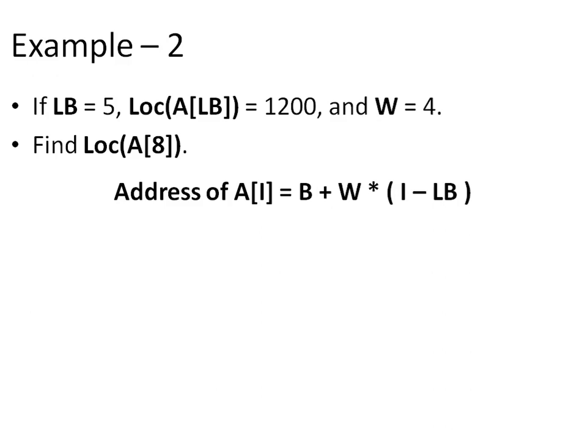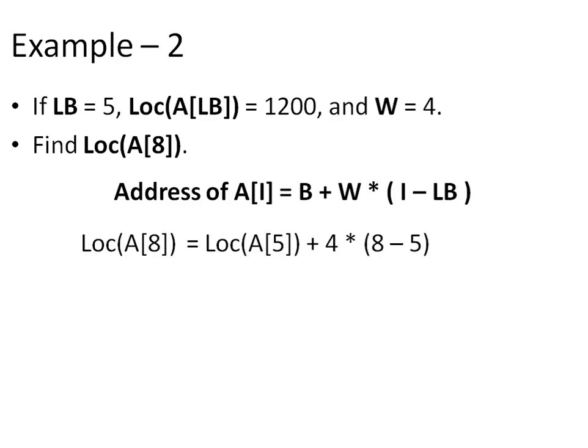We have to find the address of A8 and we are provided with the lower bound as 5 and its corresponding address as 1200. So, in place of capital B, that address will be used, that is 1200. And the final answer comes out to be 1212. That is, the element at index position 8 is stored at a memory location starting at 1212.